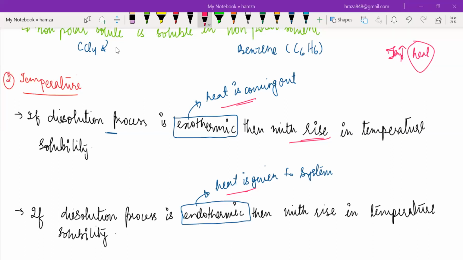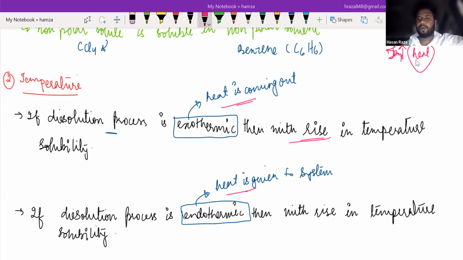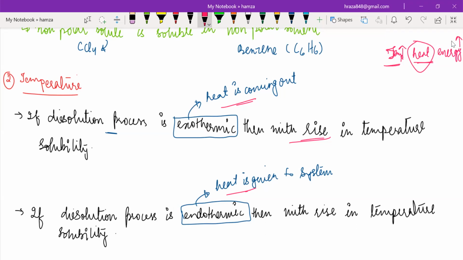Okay. Is the screen visible? Okay, now it is, yes. Hamza, is the screen visible? Yes, sir.